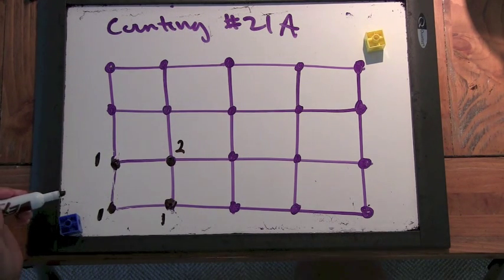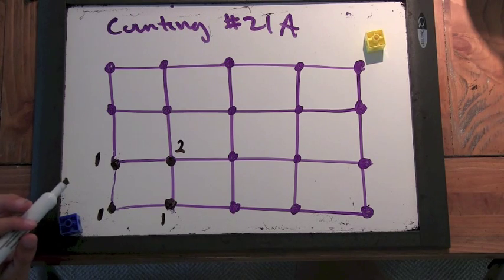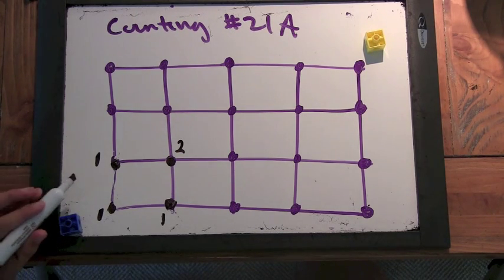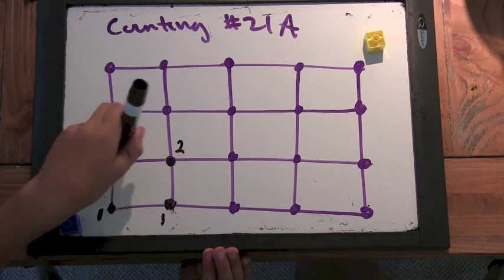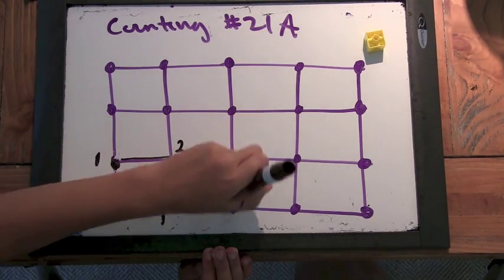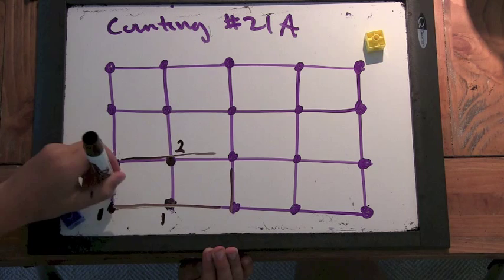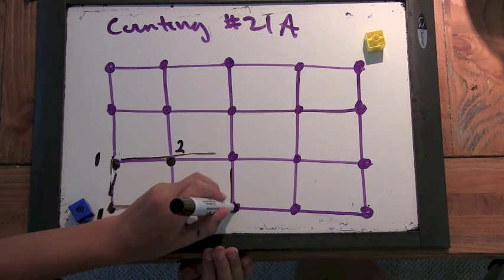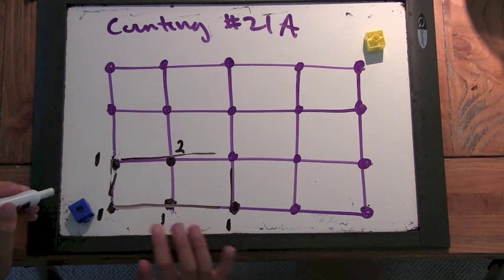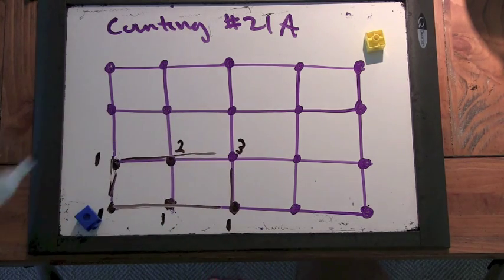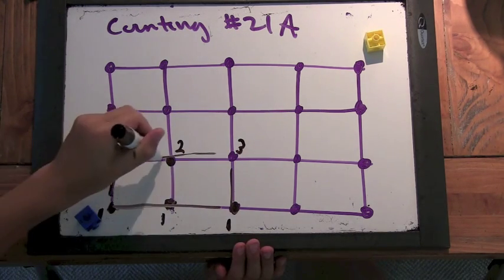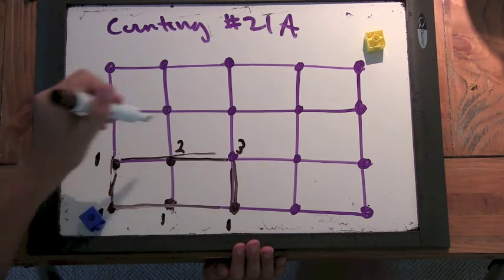Next, we can expand to a 1 by 2 grid. Here, there's 1 way to get to here. Then there's 3 ways, because you have 2 from here, 1 from here.